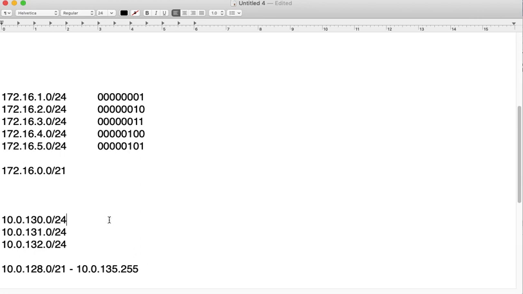I wasn't going to do these in binary because I didn't really want to figure out how to convert into binary while you guys are watching me, but I will anyway, real quickly. So that's 128, 64, 32, 16, 8, 4, 2, 1. That's 130. It gets easier after that because I can just copy and paste. That's 131. That's 132.